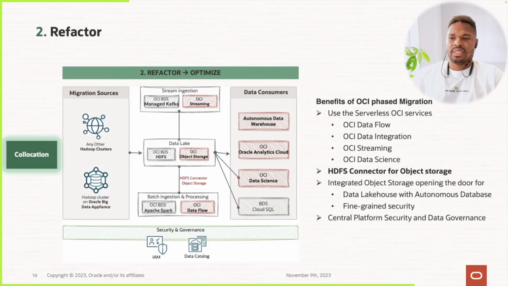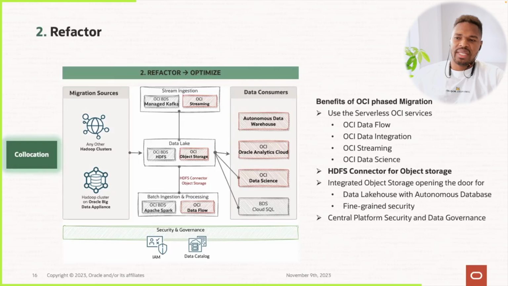The services that we want to position here are, for example, OCI Data Flow, which is the Oracle managed version of Apache Spark. You want to position OCI Streaming, which is a version of Kafka that is managed by Oracle. You don't have to deal with the infrastructure. And you want to position tools as well, such as OCI Data Science, Analytics Cloud, Autonomous Database, and so on.